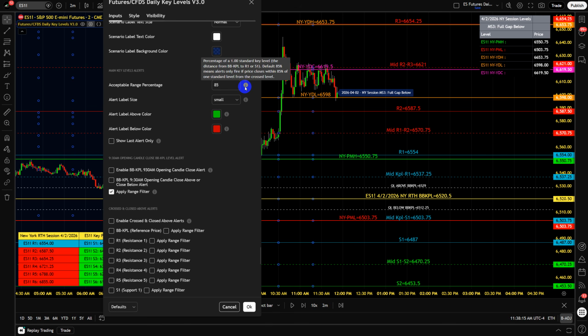And these key level alerts are available to be individually turned on for either cross and close above or separately cross and close below any of the main key levels or contextual levels. So that means the BBKPL level, all the R1 through R10 levels, and the S1 through S10 levels, as well as the YDC, YDH, YDL, PMH, and PML levels.